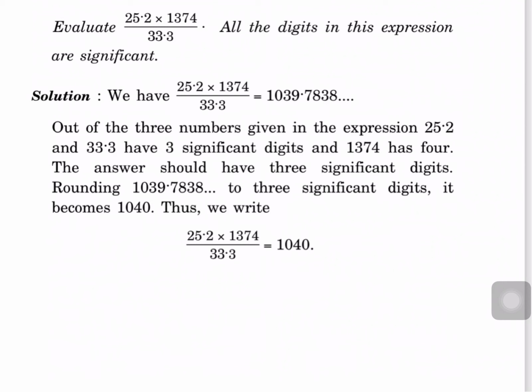So the answer should be in 3 significant figures. Clear. So you can write 1040. Actually this is not 4 significant figures, it's 3 significant figures. Why? Because the last 0 is not countable. So this is 3 significant figures.